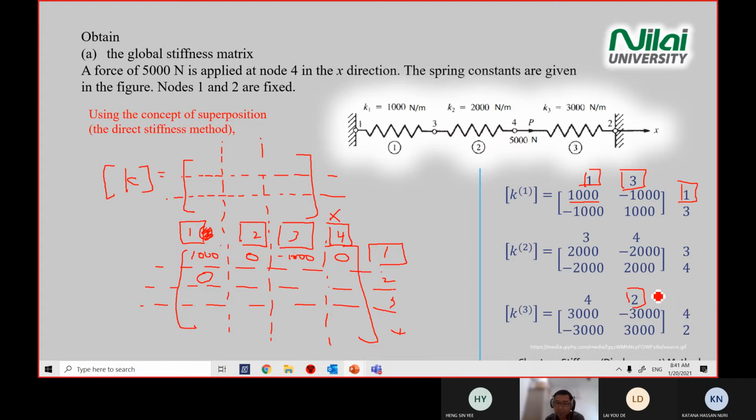Because combination of 2 and 2, we can find 3,000. So correct, 3,000. Okay, Katana. What is the value at this location? 3, 2. 0. Correct. So I assume all of you know how to fill in already.